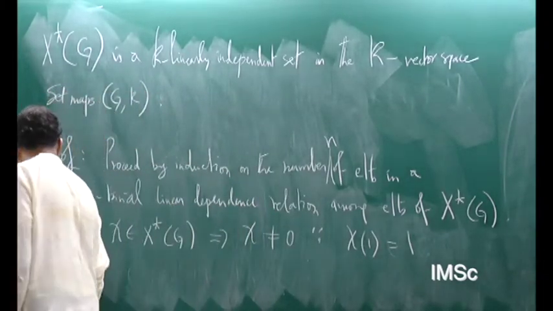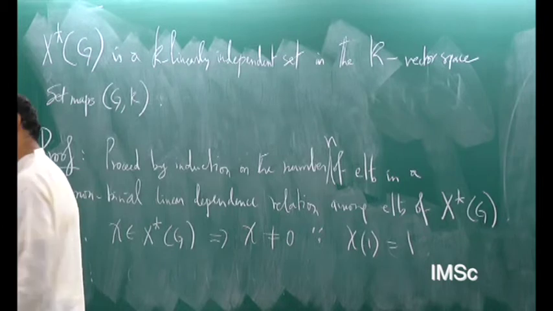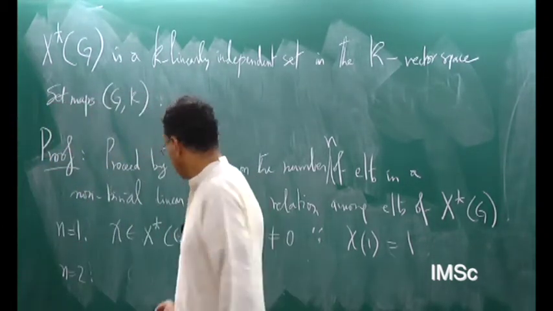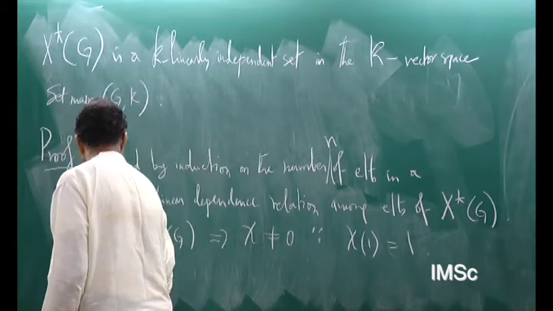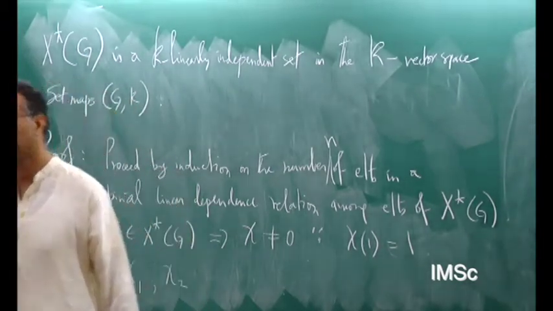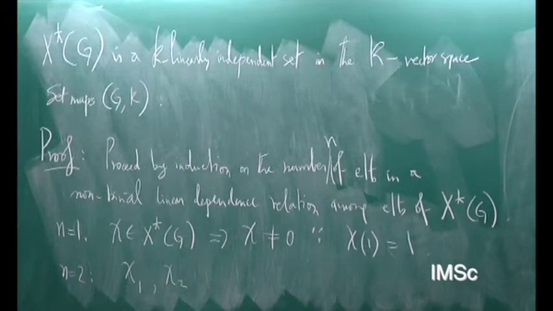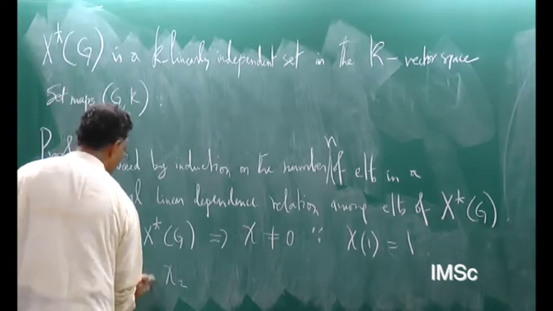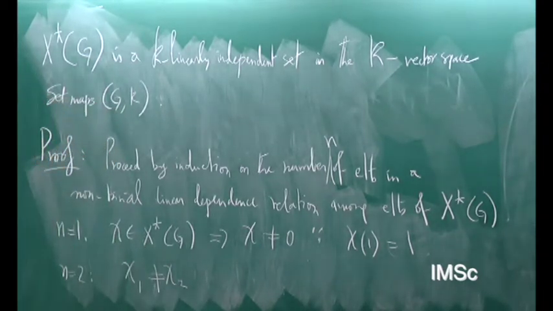Okay, let's do it for 2. How do you do it? Suppose I give you chi 1 and chi 2, which are distinct. That's all you know: chi 1 is not equal to chi 2. We want to show that there is no non-trivial linear dependence relation.